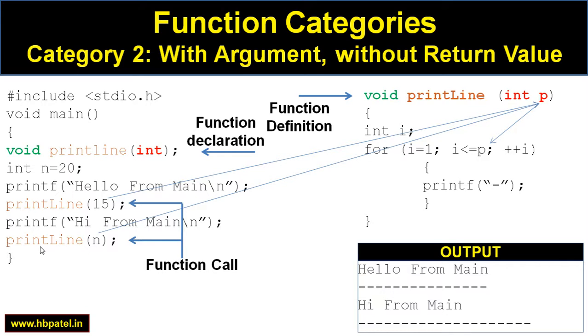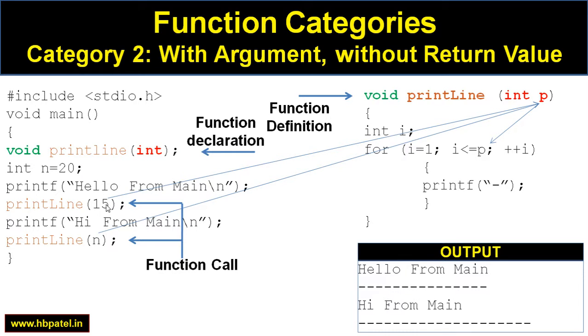And then again one more function call, but this time I am passing n. What is n? n is 20. So this 20 is sent to this function call and it is copied into p. So this time p is equal to 20. This loop will be repeated 20 times and I'll get 20 hyphens. So the length of the line is controlled from main.